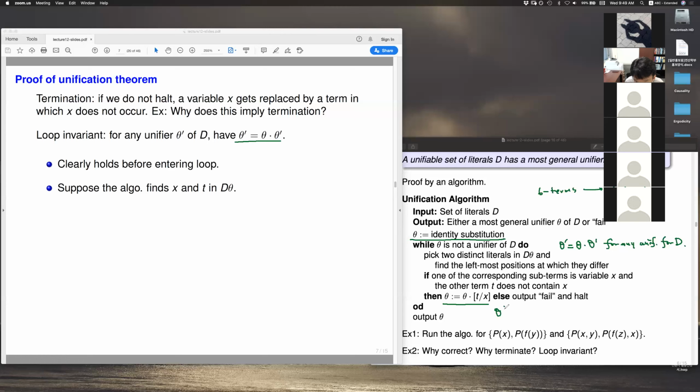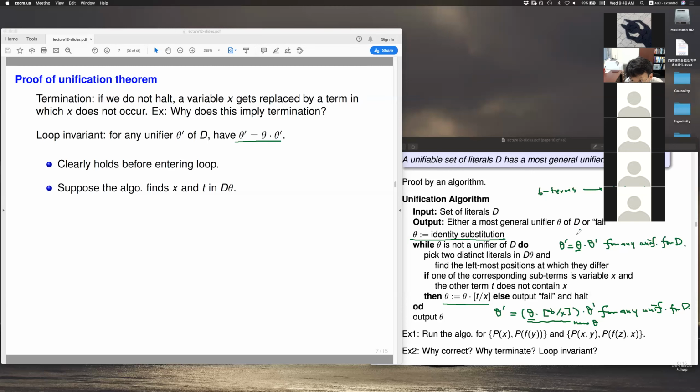That means for every theta prime, T of X, that has to be true for any unifier for D. Here I use theta and theta to mean the same thing. So theta will be updated to this guy. This is the new theta.